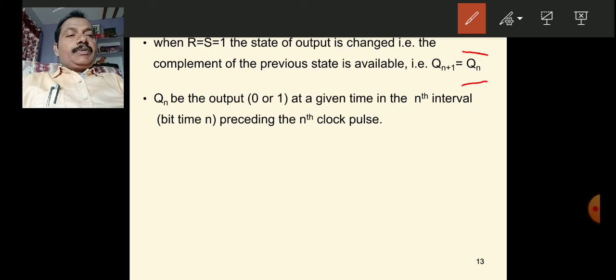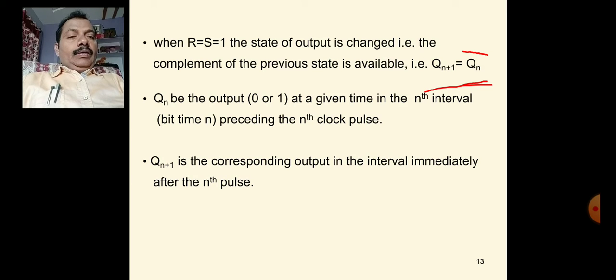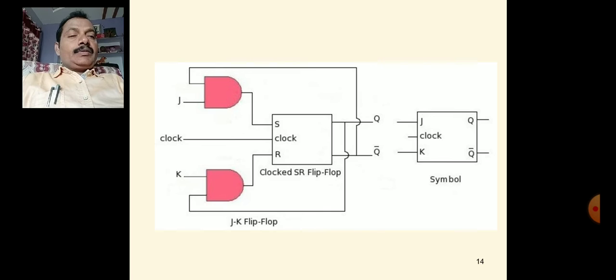It is a printing mistake, you write this Qn plus 1 is Qn bar. So Qn is the output 0 or 1 at a given time in the nth interval, bit time n preceding the nth clock pulse.